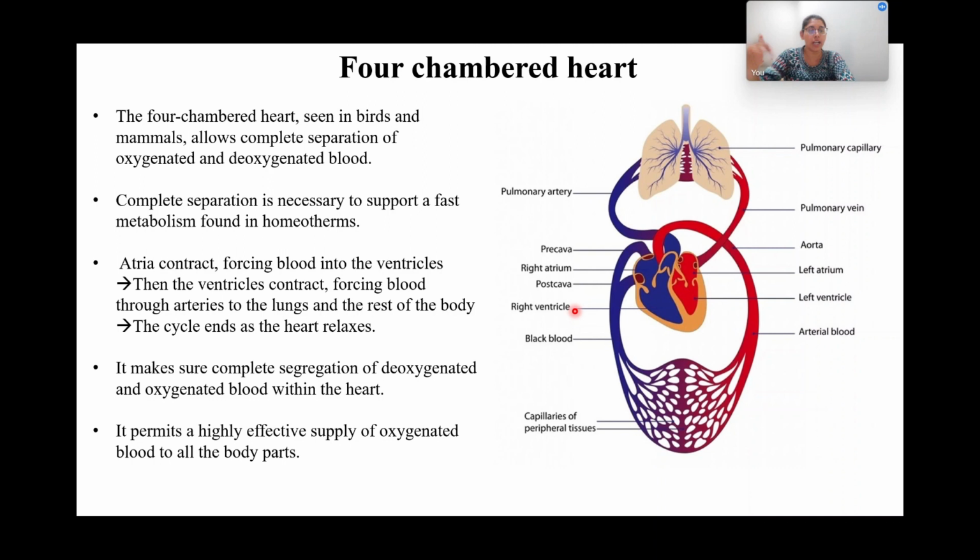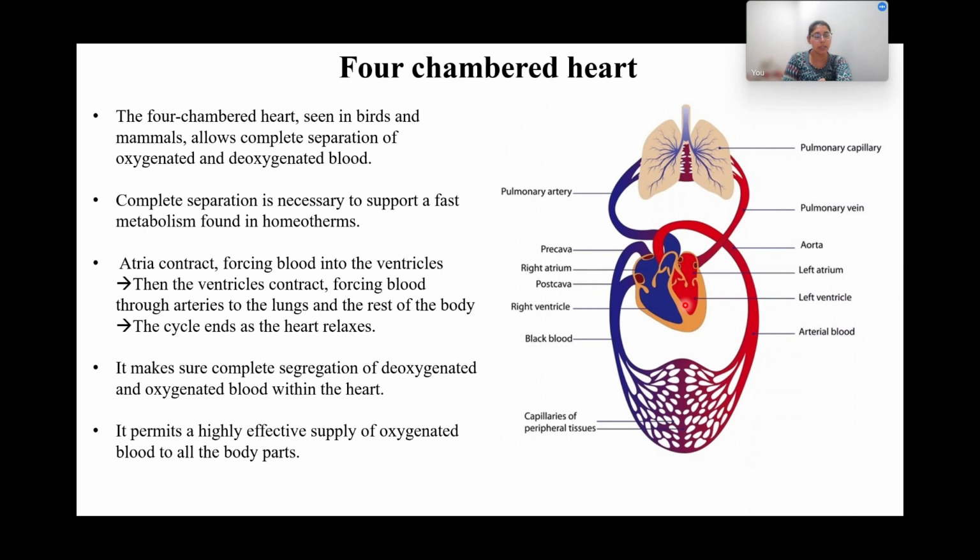So pulmonary artery should have carried oxygenated blood, but it carries deoxygenated blood from the heart to the lungs, while the pulmonary vein, which ideally should have carried deoxygenated blood, carries oxygenated blood from the lungs to the heart. So this is important to remember about the pulmonary artery and pulmonary vein, arteries and veins in general, and the left and right side of the heart.